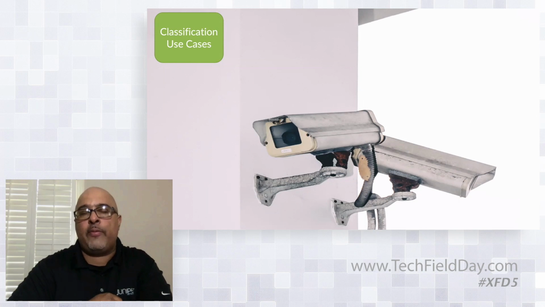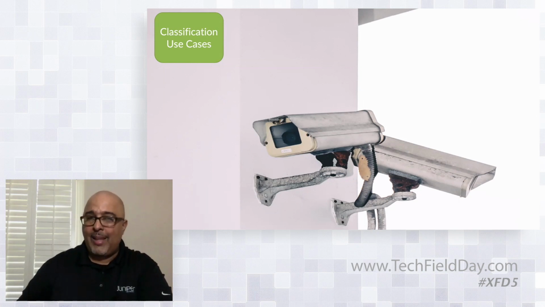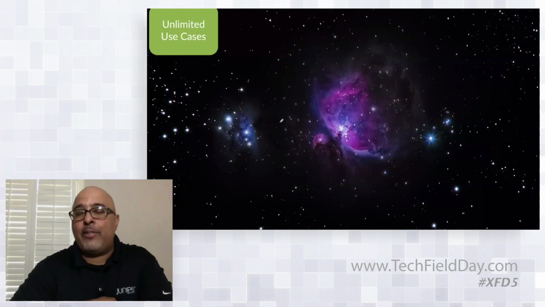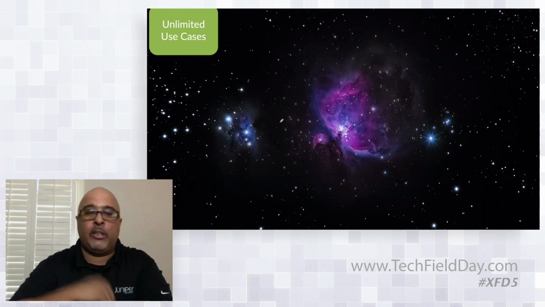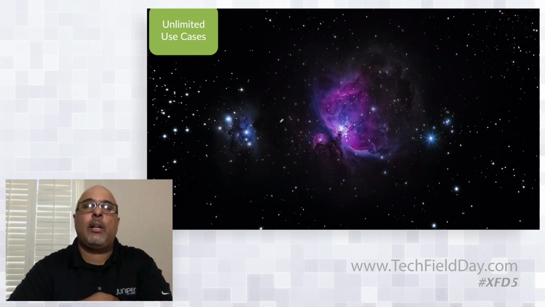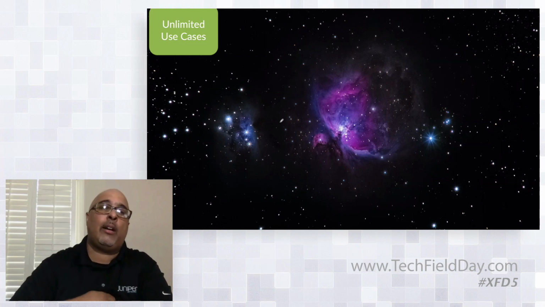Right? There are a number of different classification use cases available. In fact, the use cases are pretty much unlimited. We've put forth a number of use cases of both threat and classification for customers to give them ideas of what's possible with the technology, but we fully expect the customer, and in fact invite customers, to come to us with additional use cases that we can share with the community at large.